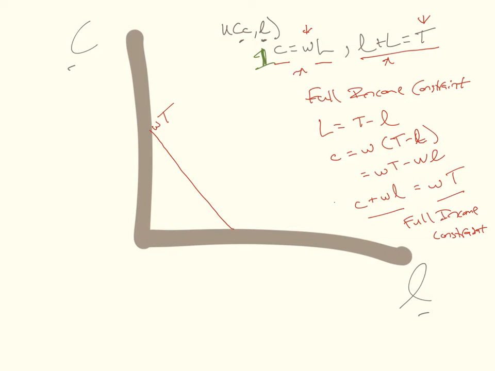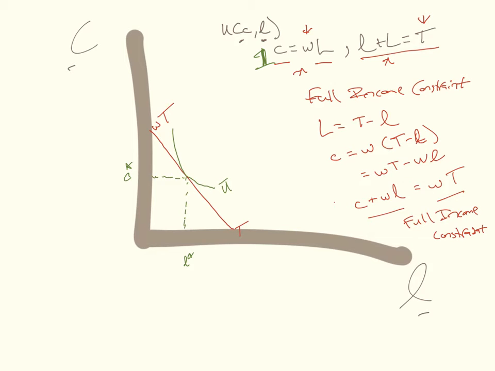And if I consume nothing but leisure, I obviously can't consume anything, and the maximum amount of leisure I can consume in this instance is T. My choice of consumption and leisure is going to be the place where the highest indifference curve is just tangent to my full income constraint. So if these are my preferences, I wind up with some U bar, and that gives me the optimal amount of leisure and the optimal amount of consumption that I choose.